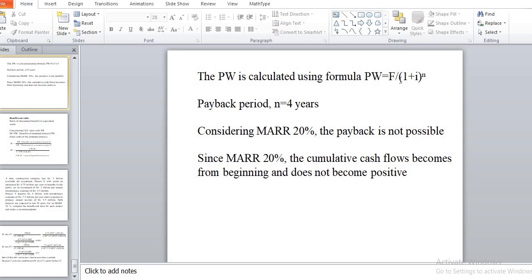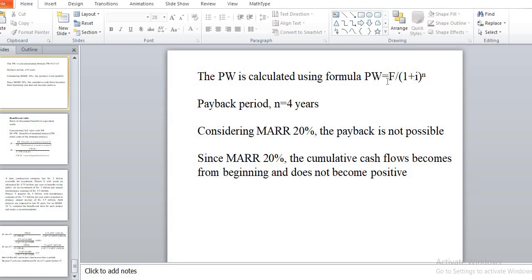Here F is the cash flow for that particular year, I is 20%, and n is the particular period of time.